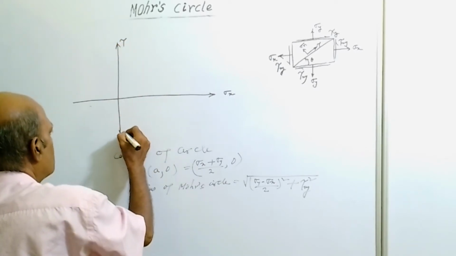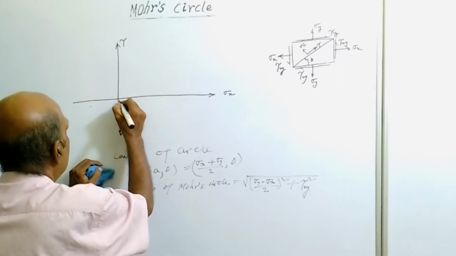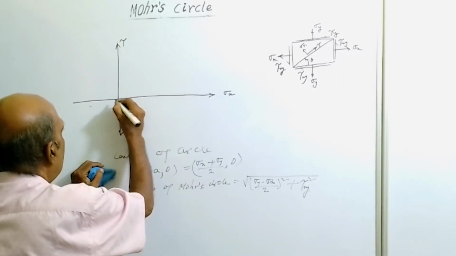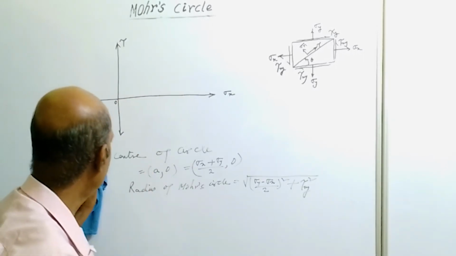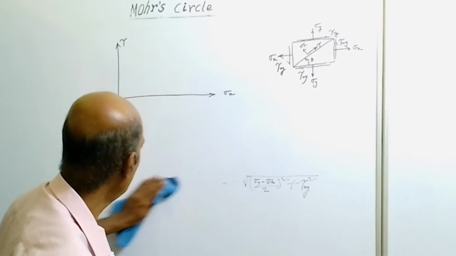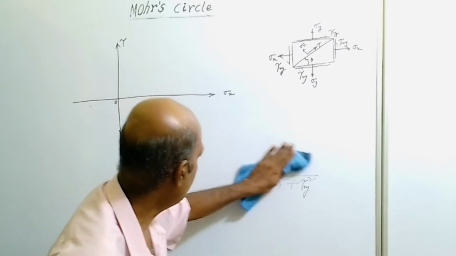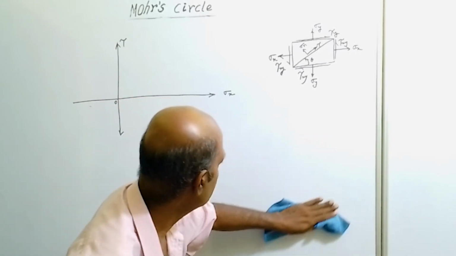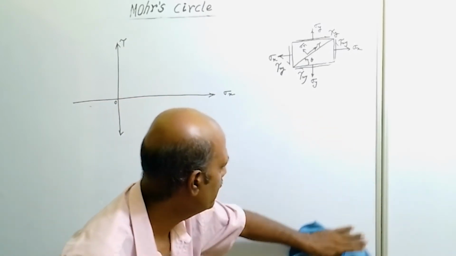This side also. So, this is the origin. Origin is at O. So, we have drawn the sigma axis and tau axis perpendicular to each other.